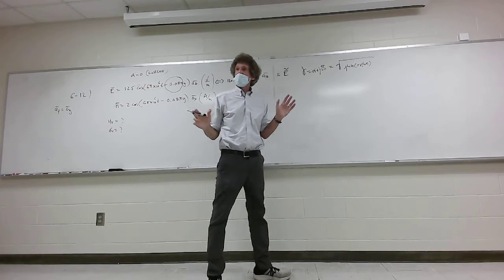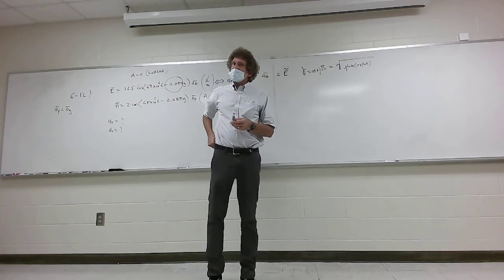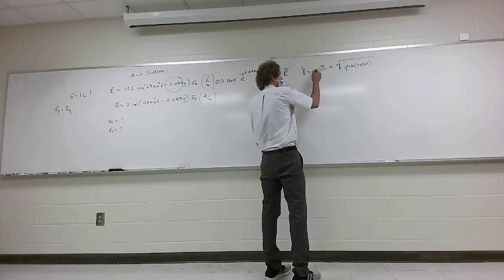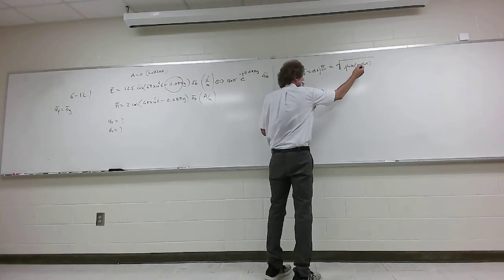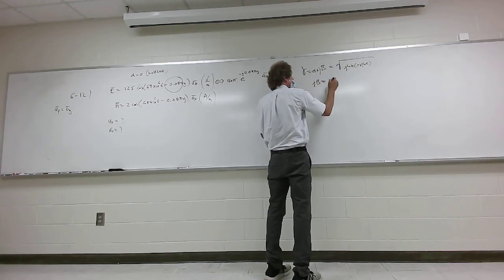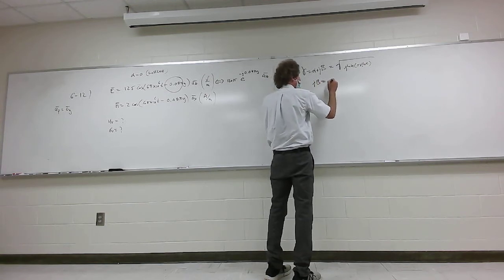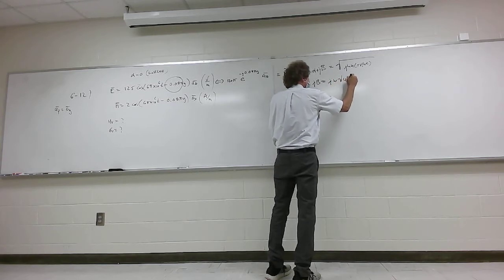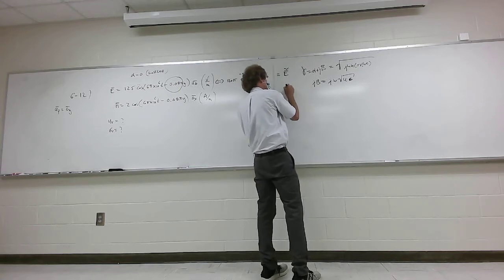That's the general form, right? But it's lossless, and if it's lossless, the alpha goes away, and so does the sigma. So you get j beta equal to simply j omega square root of mu times epsilon. This is if alpha is 0, which means sigma is 0.